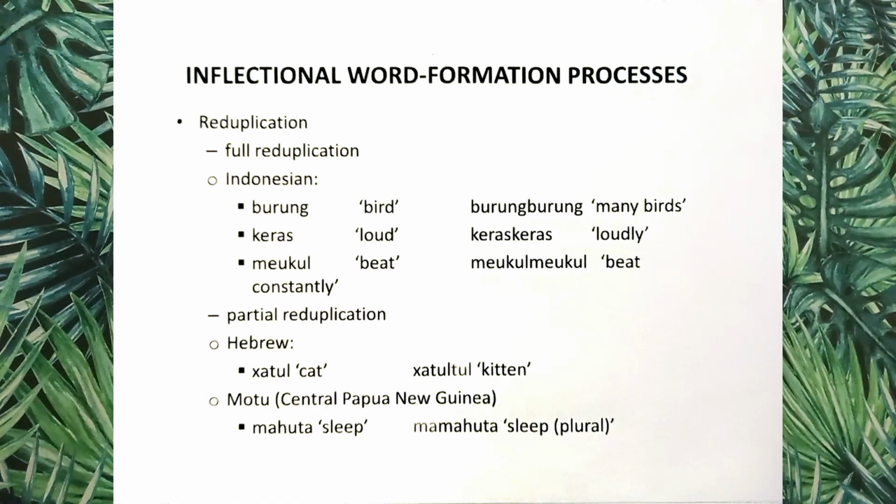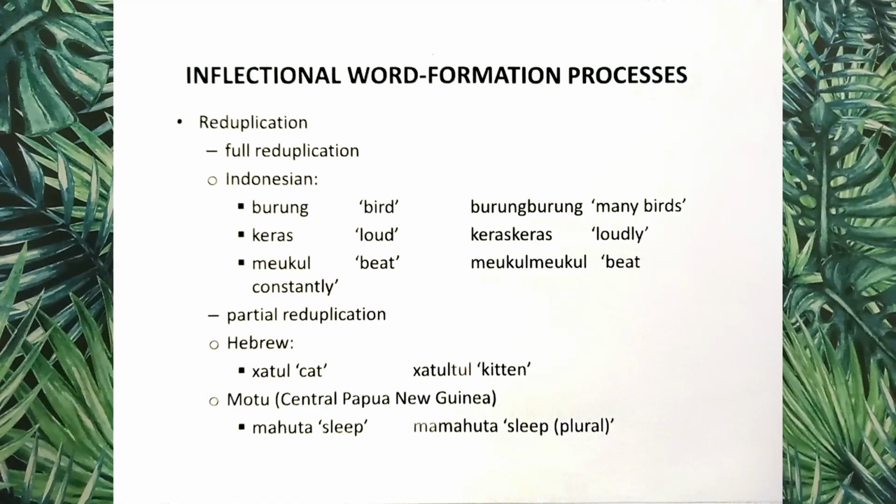So let's start with the reduplication way of inflectional word formation process. Talking about the reduplication way, there are only two parts. One part is full reduplication. Second part is partial reduplication.